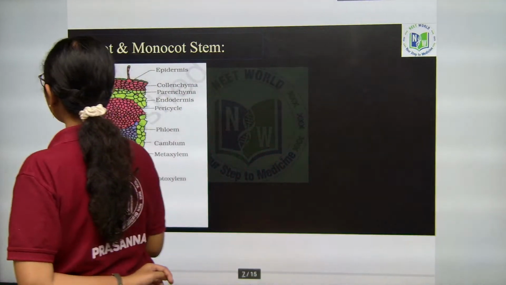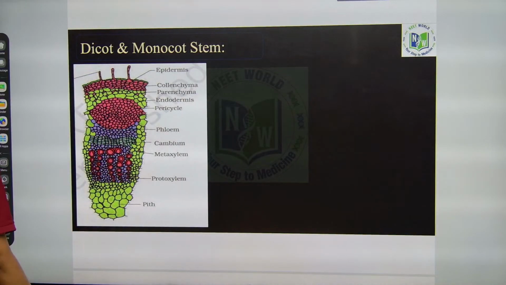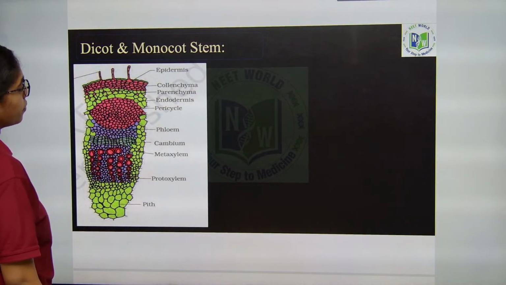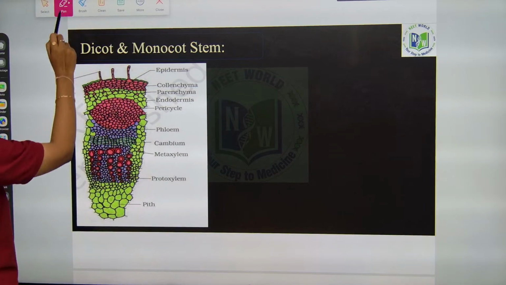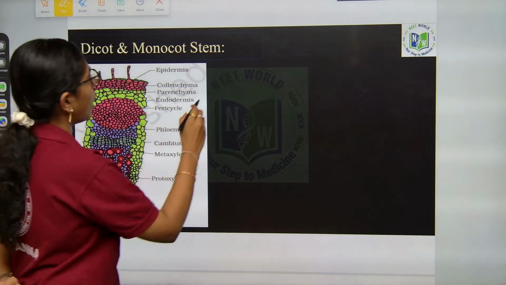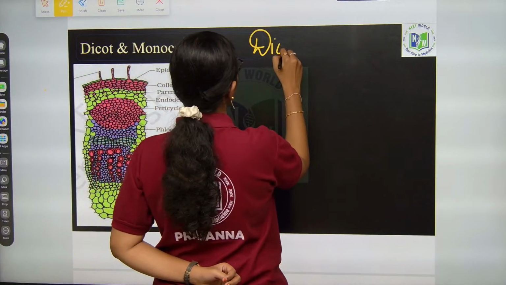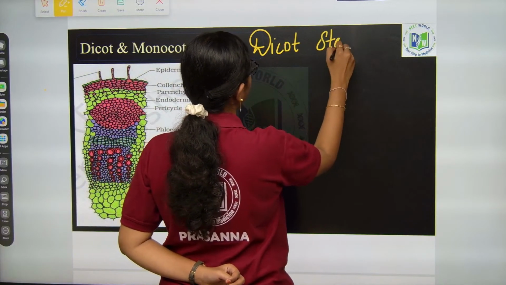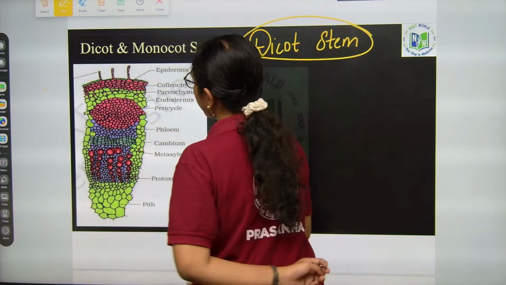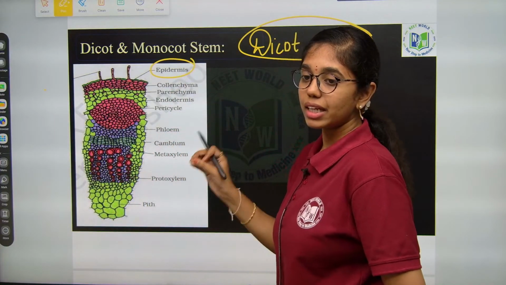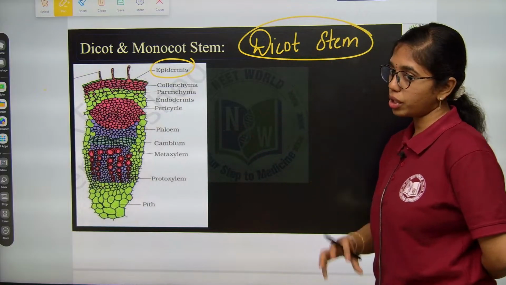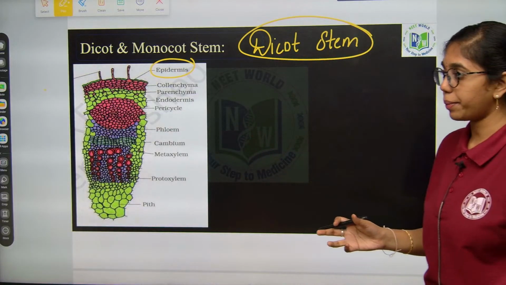So here you see first dicot stem. Dicot stem. See, epidermis will be having unicellular or multicellular epidermal appendages.